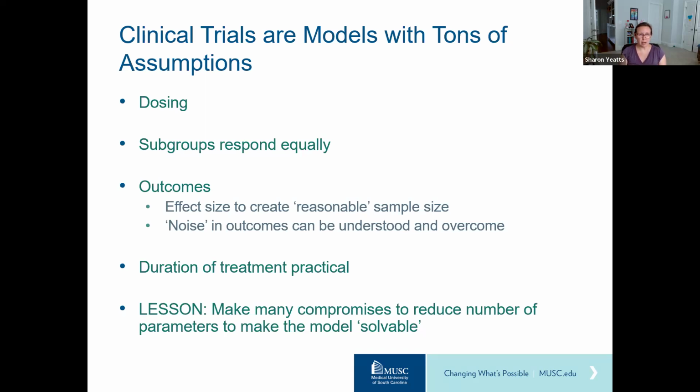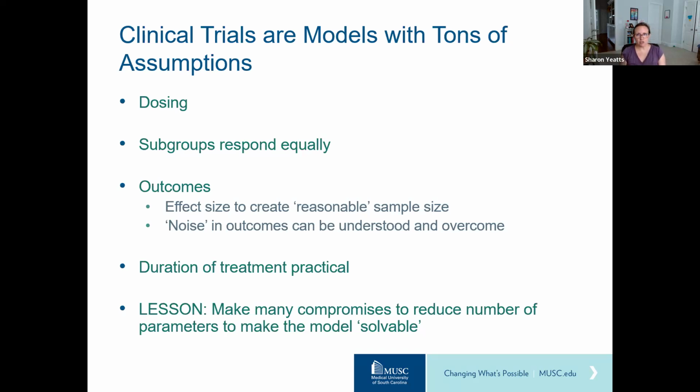Oftentimes we make assumptions about the effect size that we might see. And we assume that we will see something that will give us a sample size that is actually feasible, that it results in a study that we can actually implement. We assume that the noise in that outcome can be understood and overcome, either by creating clinical standardization guidelines or by standardizing the mechanism in which the outcome is obtained.